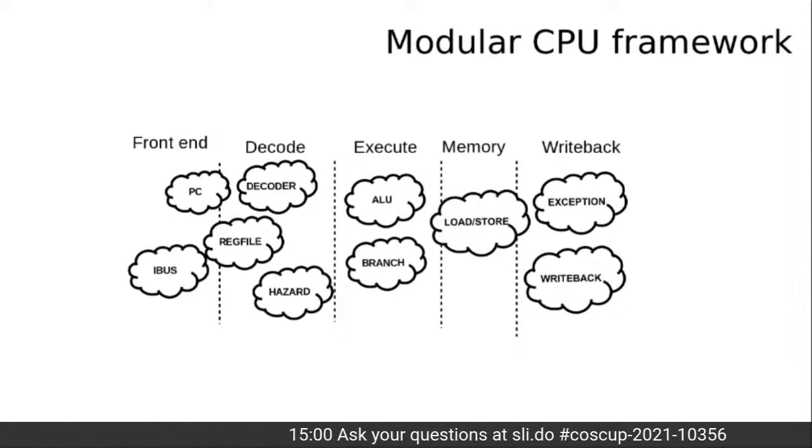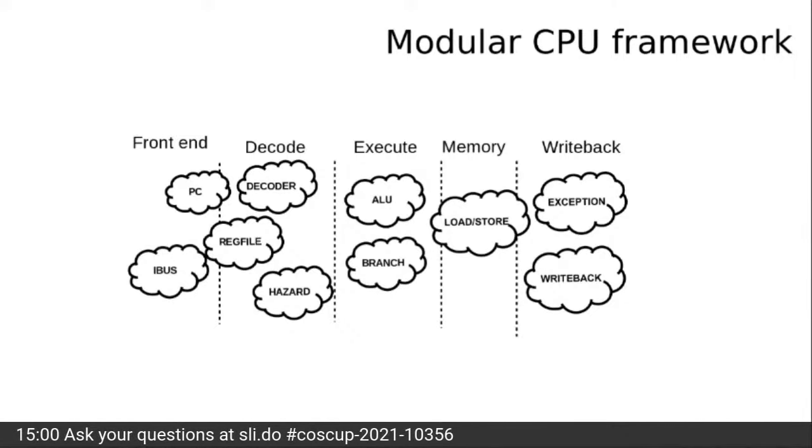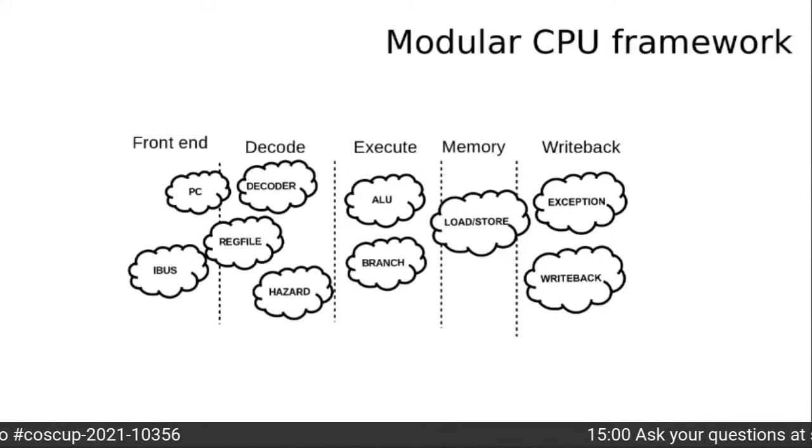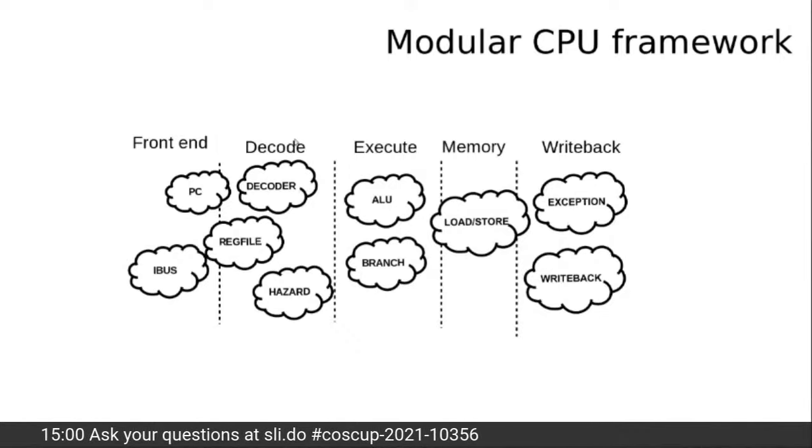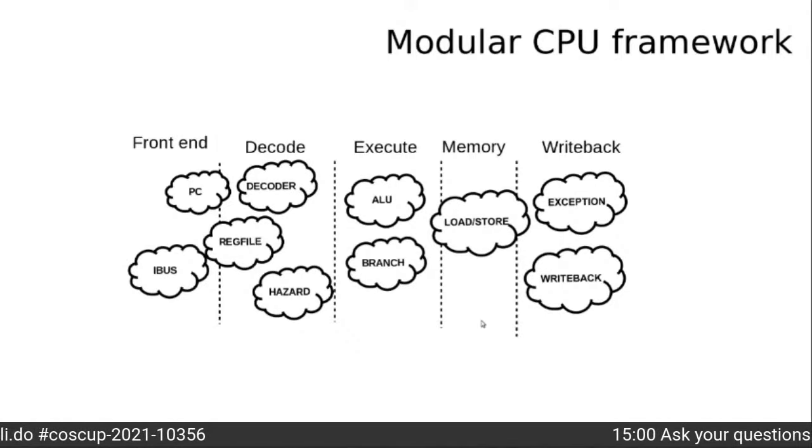So you could define a CPU in a very regular way, which is to write, it's a bit of a caricature, each stage of your pipeline in different components. But let's try to model things.